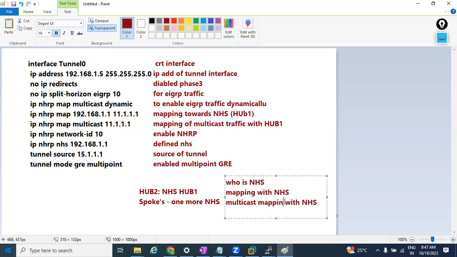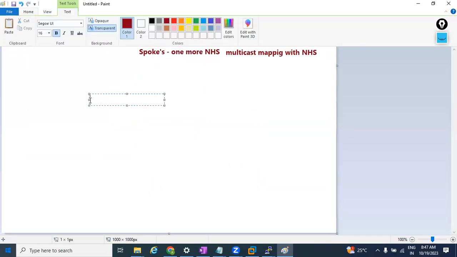Okay. That's it. So today, no new command, nothing. The concept is ditto the same, whatever commands we used yesterday, the same commands I'm talking about today. So this concept is known as your dual hub. So now with the same dual hub, further, you have to enable Phase 2 and you have to go with Phase 3. So in Phase 2, what is the command?